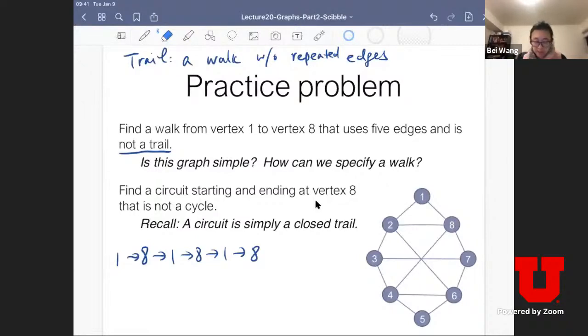Okay, now let's ask a question for the particular graph we're given. Is this graph simple? The answer is yes, because it does not contain self-loops and it does not contain multiple edges. How can we specify a walk? Remember, when we just talk about a walk, there's no constraint. You can just have an alternating list of vertices and edges.